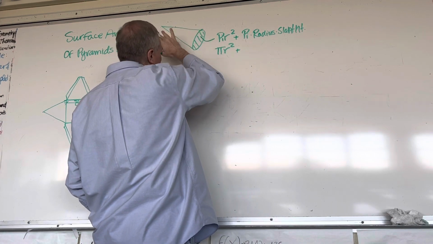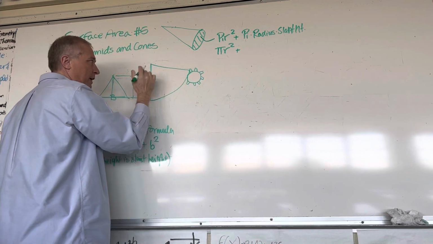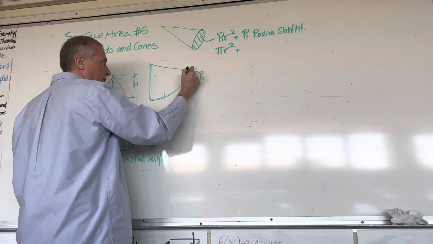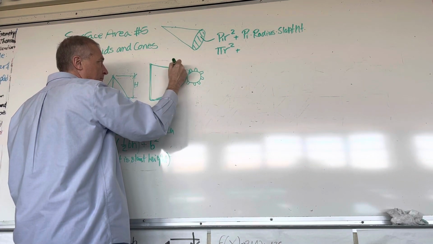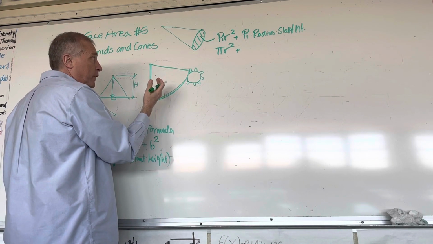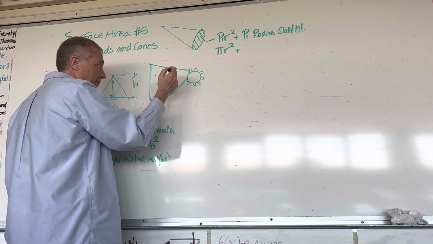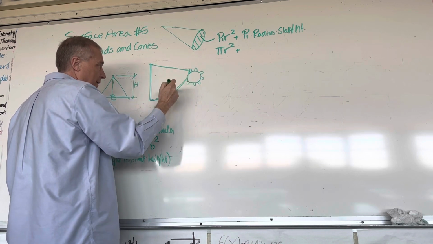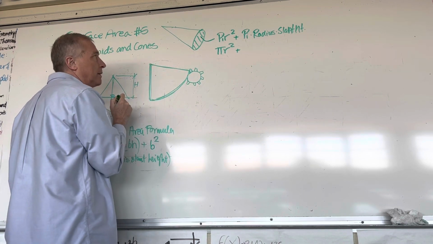And then when we unwrap this thing, it looks something like this. It looks like this kind of shape, okay? And this one's a little bit more difficult, but there's a slant height of this thing, right? This thing has a radius that comes around, or a height here.